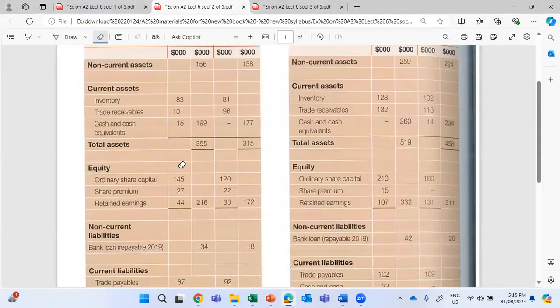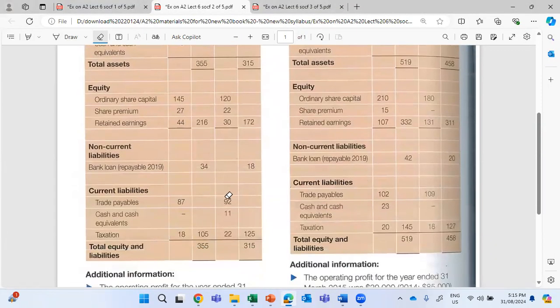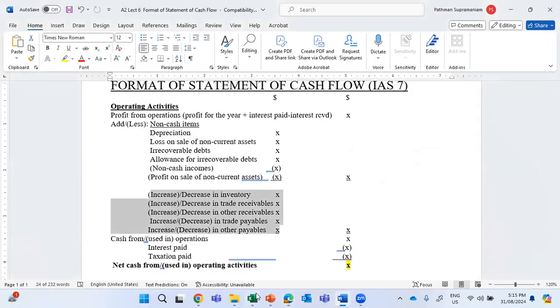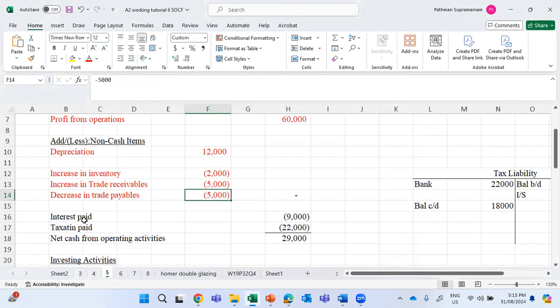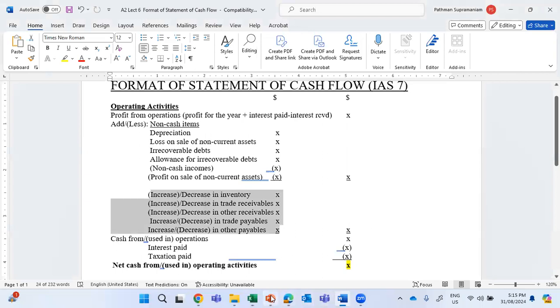Followed by trade payable. Comparing last year to this year, trade payable has decreased from 92 to 87. So that's a decrease of 5,000. A decrease in trade payable is a cash outflow because you are paying for it. Now, interest paid, 9,000.